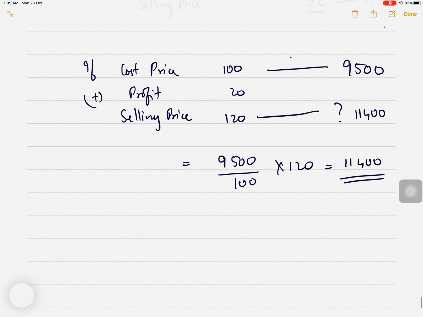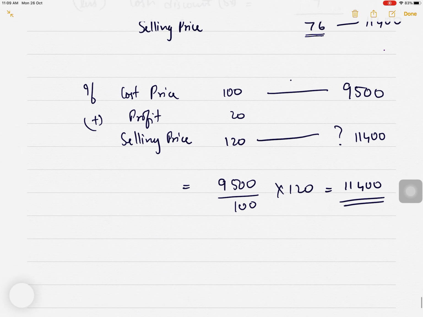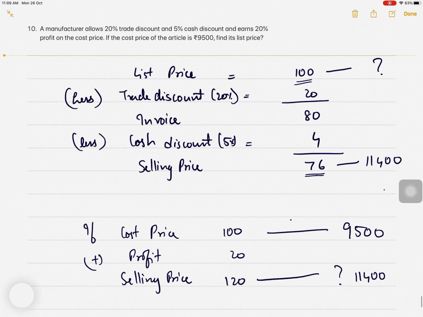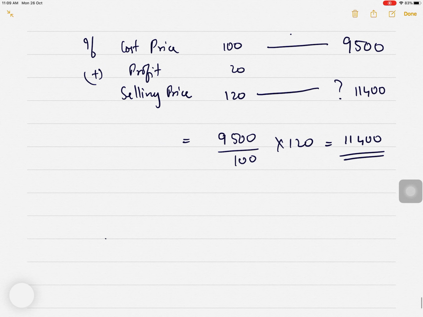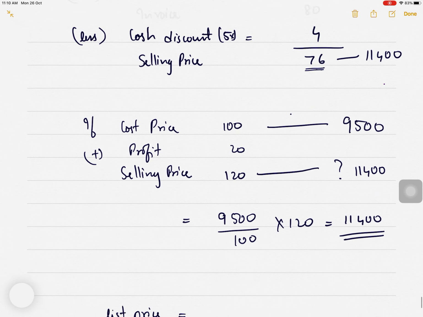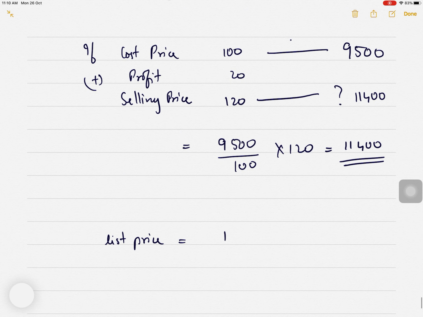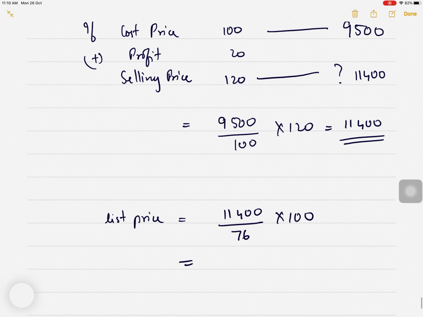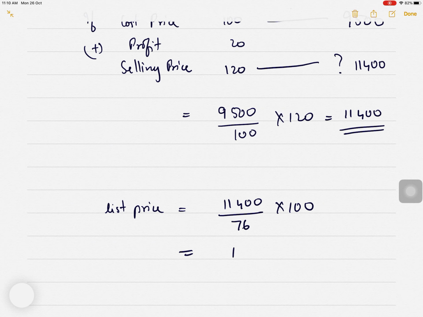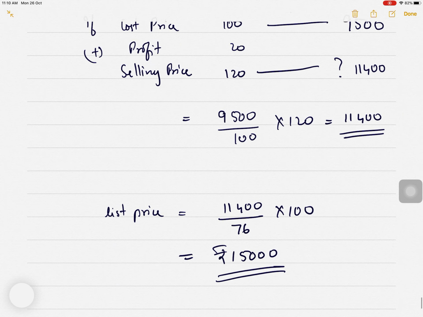For this, again cross multiply. List price is equal to 11,400 divided by 76 into 100. When you calculate this, it comes to 15,000. So, list price is equal to rupees 15,000.